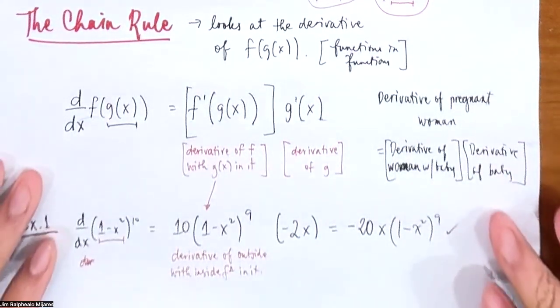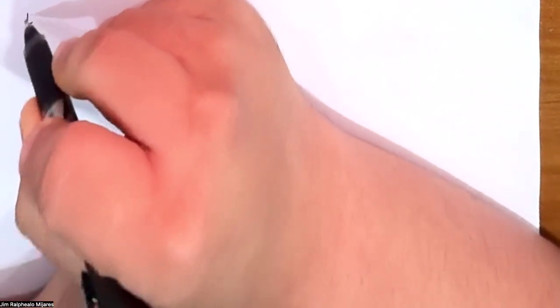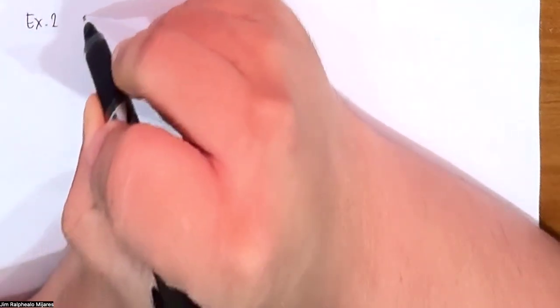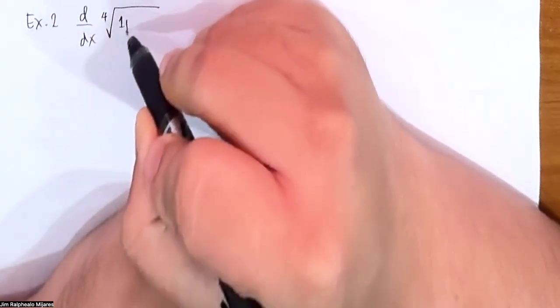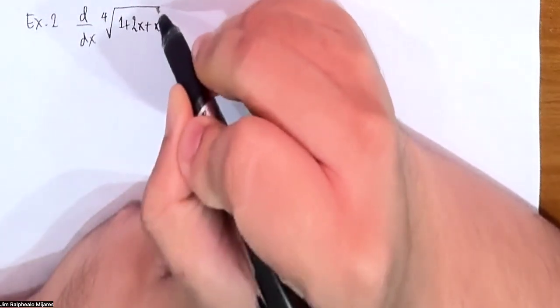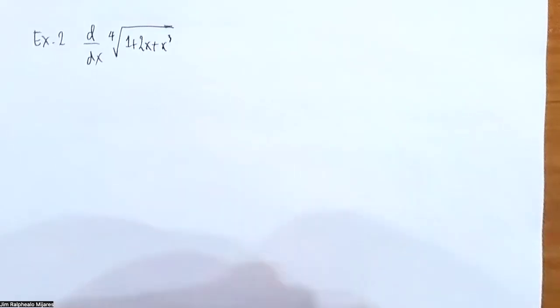Okay, so another example. What is the derivative of the fourth root of 1 plus 2x plus x cubed? So what's that derivative gonna be?